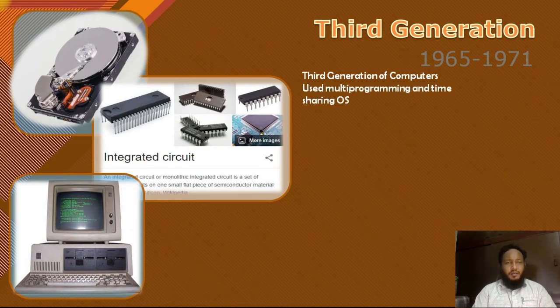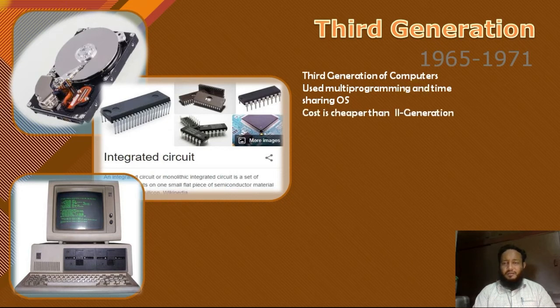The memory used in these computers is magnetic disks. Here we can see a magnetic disk, which is a magnetic material. These computers used multiprogramming and time sharing operating systems.